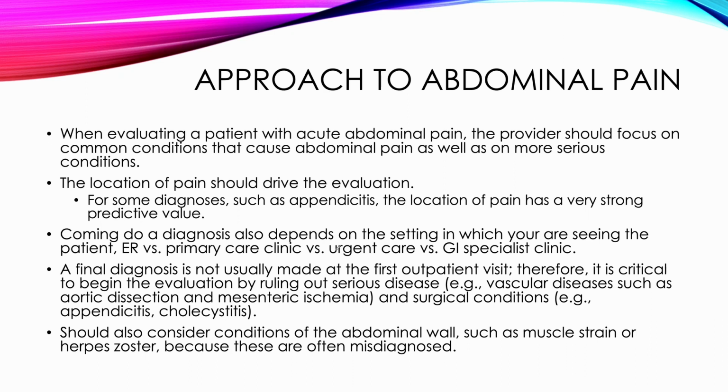Especially with surgical emergencies, those are not things you can sit around and wait for to be done outpatient. So knowing where you are is important: ER versus primary care, a regular clinic, urgent care, GI specialist clinic, and you order tests based on where you are, right?